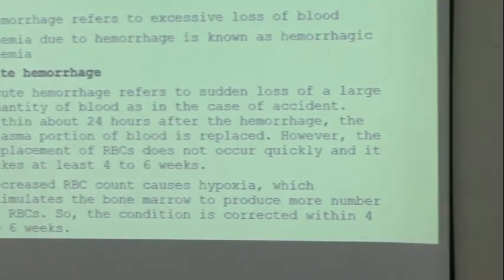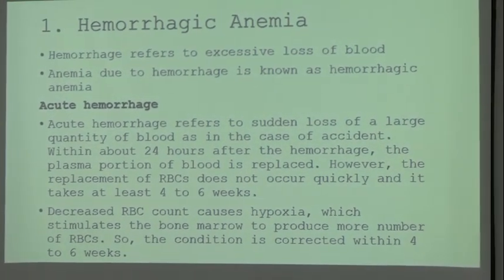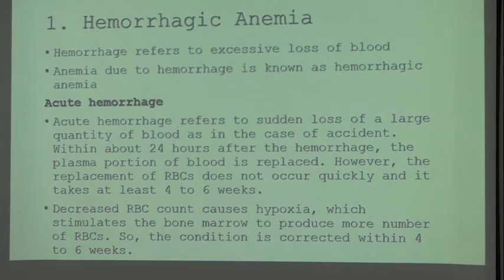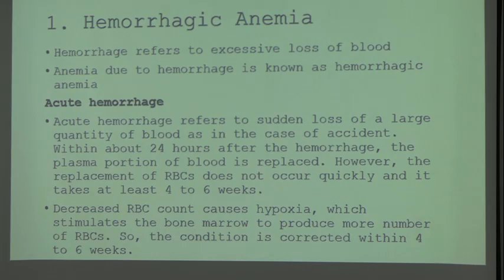So hemorrhagic anemia, as we said, may be of 2 types. Acute: suppose there is an injury, so a lot of blood will be coming out. As a result, cellular elements will also be lost. There will be a reduction of RBCs, meaning hemoglobin. Immediately, to sustain our life, the body draws fluid from the extracellular fluid and makes up the plasma volume.